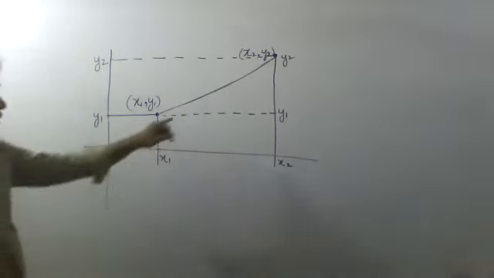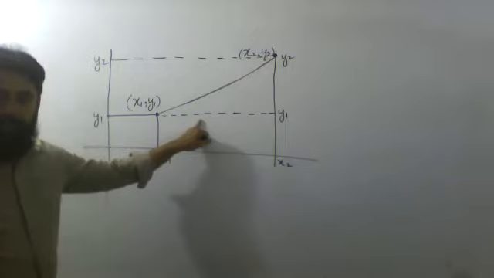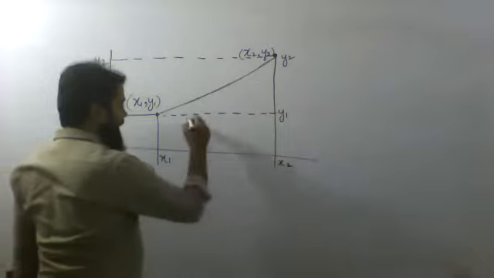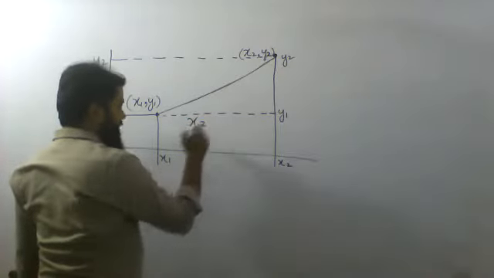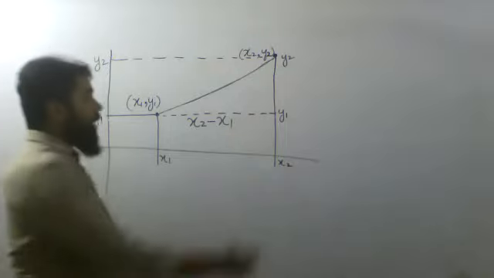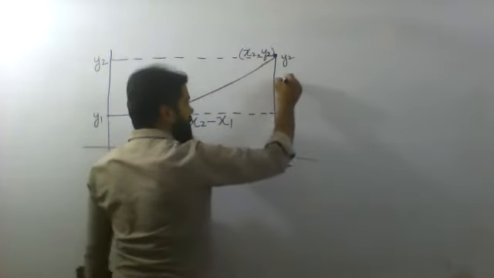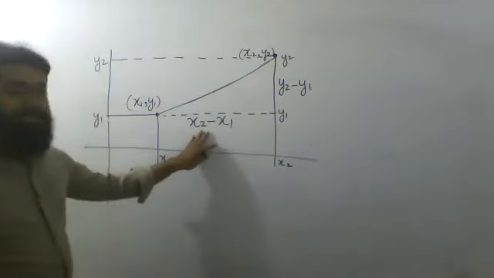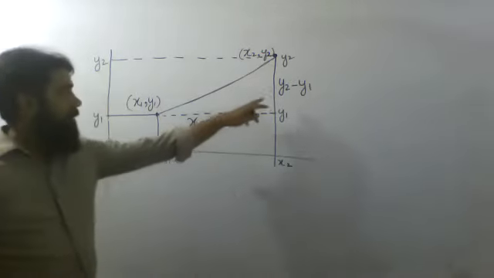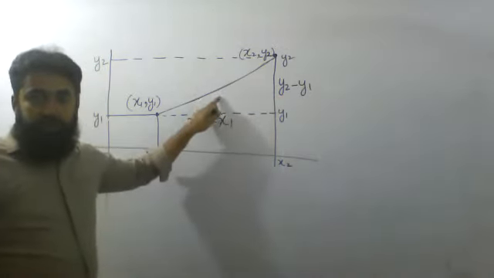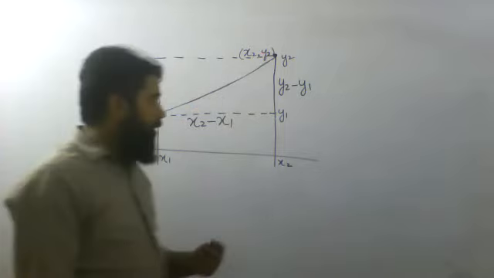Right? In order to find this one, how will I find this length? I will take x2 and from that I will subtract x1. How will I find this length? y2 minus y1. So your base is x2 minus x1 and your perpendicular is y2 minus y1. This is your hypotenuse.